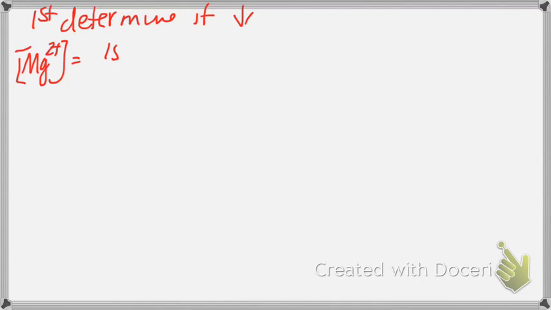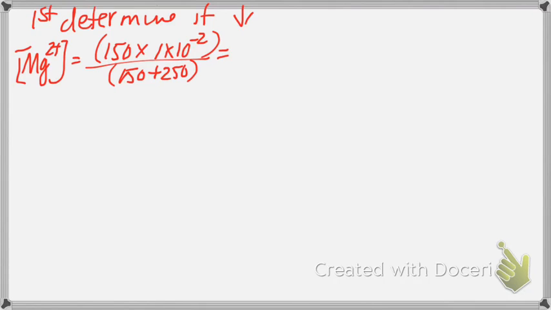So we have 150 times 1 times 10 to the negative 2 divided by our new volume of 150 plus 250, and that'll give us 0.00375 molar. And then do the same thing for fluoride.